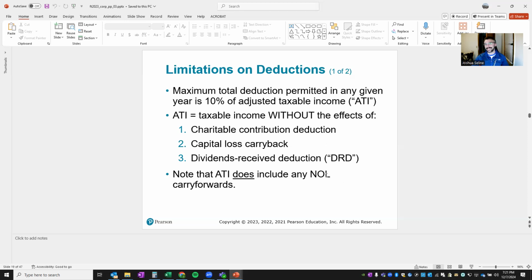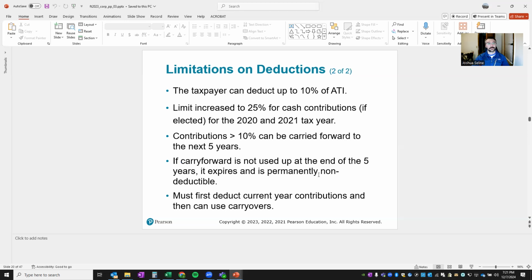So it's specific to that year. The taxpayer can deduct up to 10% of adjusted taxable income. That limit is increased to 25% for cash contributions for 2020 and 21.